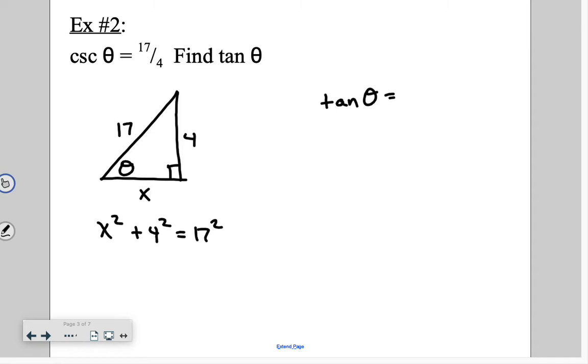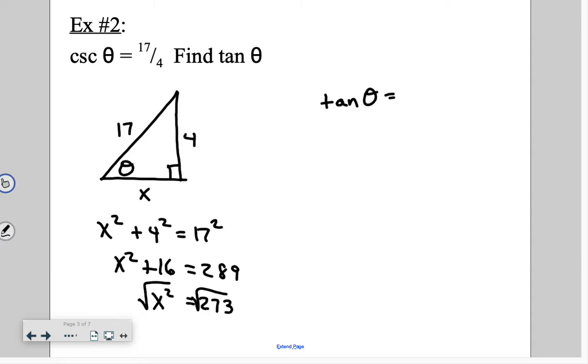All right, squared out, we get x squared plus 16 equal to 289, correct? 17 squared, 289? Okay. Subtract the 16 over. And what do we get? 273. And now we take the square root of both sides.